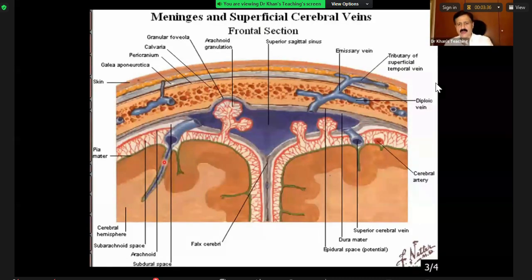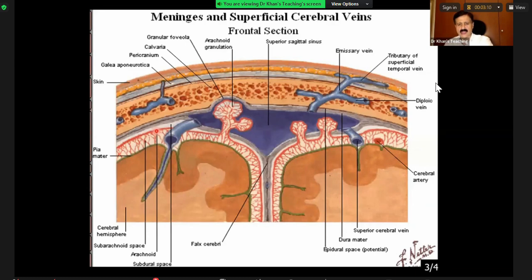We are talking about processes which involve the dura and processes which involve the leptomeninges. Leptomeninges means arachnoid and pia. Pachymeninges means dura and arachnoid. And these are very important. So there can be what we call carcinomatosis. There can be other things like TB and fungal infections, etc.